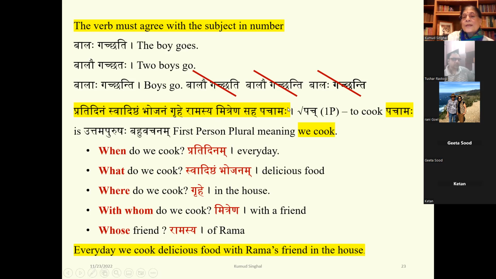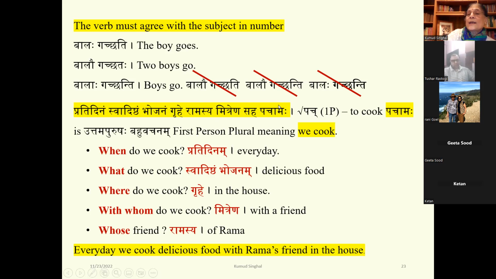So the verb form is pachamah. So the dhatu is pach. 1p means pach means to cook. So it is belonging to the first group. It is a parasmai dhatu. Pachamah is uttama purusha bahuvachana.